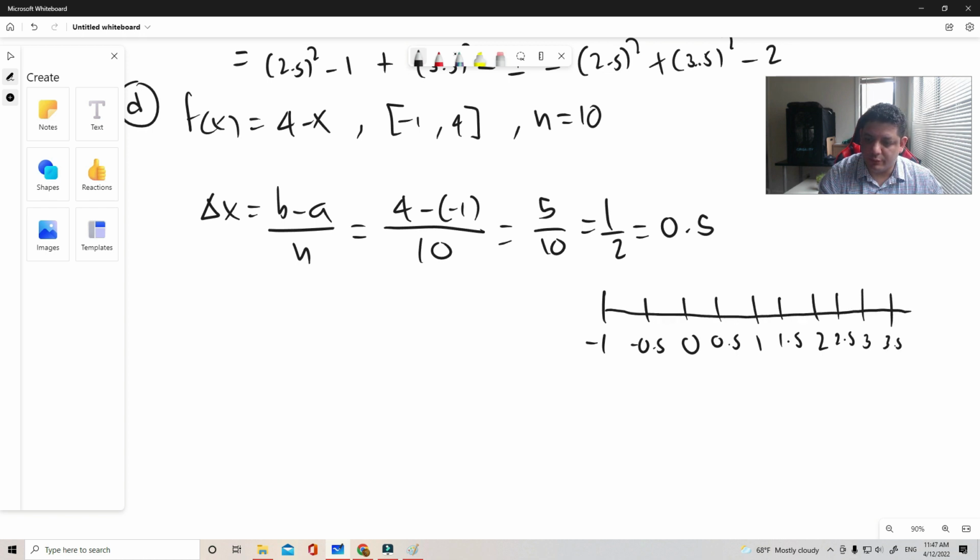Then we get 3.5, and then finally 4. So as you can see, we have all these 10 intervals, and now it depends on whatever we're going to use.